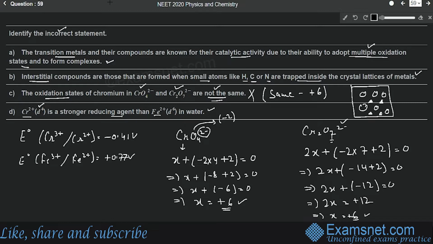So here you can see for chromium it is negative. That means Cr2+ will be easily oxidized to Cr3+, but Fe2+ will not be oxidized to Fe3+ easily. Therefore Cr2+ is a stronger reducing agent. Got it?